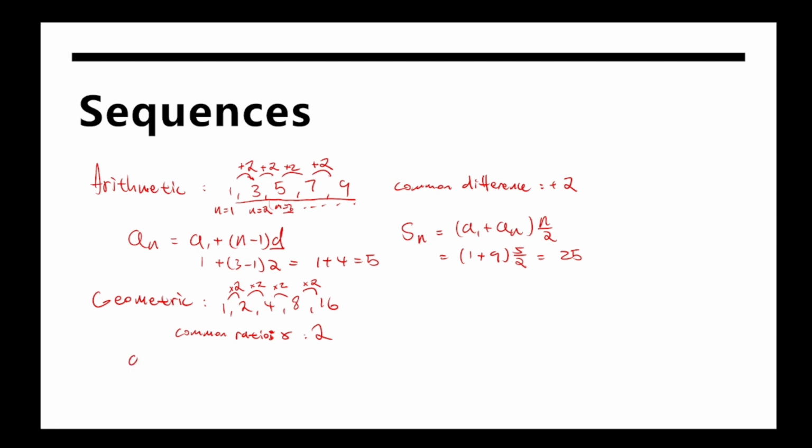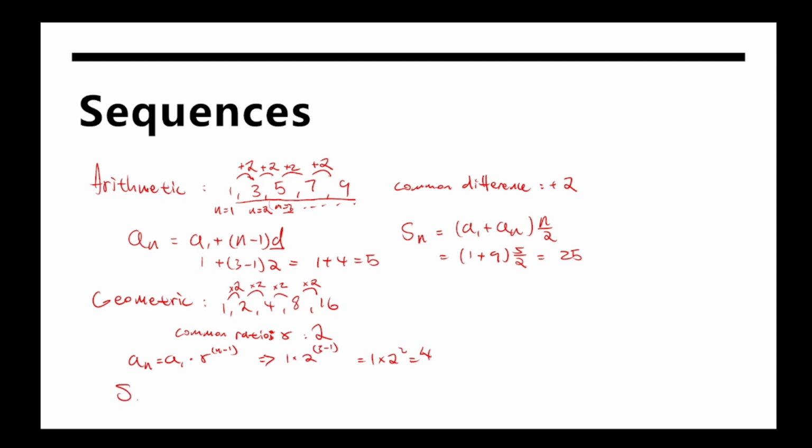So if we want to find the one exact term Gn, we'll have a1 times ratio r to the power of n minus 1. This is because you can see the third term of the sequence where n equals 3 is a1 times 2 times 2, which is 1 times 2 to the power of 3 minus 1, which is 1 times 2 squared, which is 4.